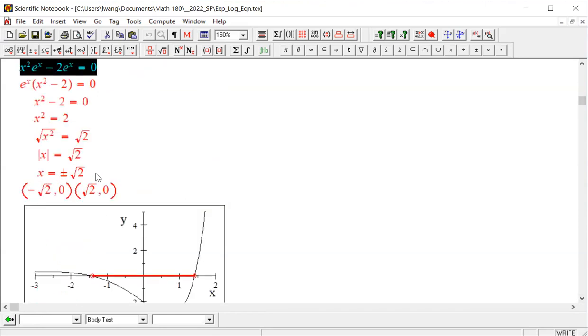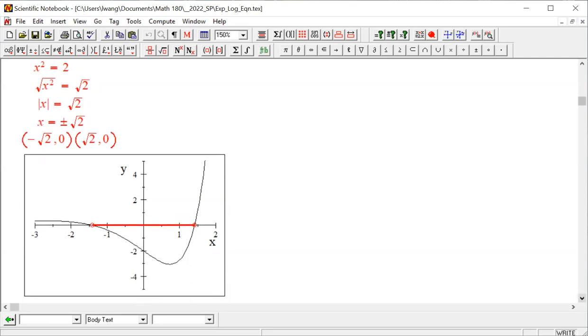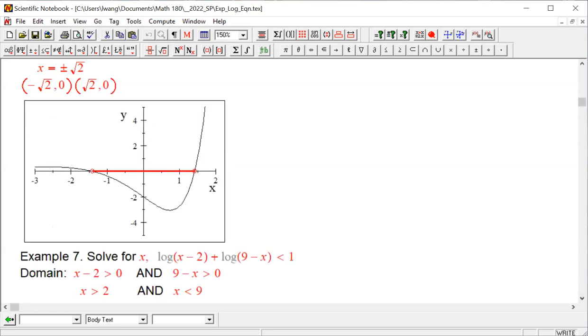And of course, we get plus or minus root 2. Similar steps. And then we know that the numbers between negative root 2 and positive root 2 are going to be the solution. And from this graph, you can see beneath the x-axis, there's a piece of curve. So that's the solution. Okay, so this function perspective could help a lot.